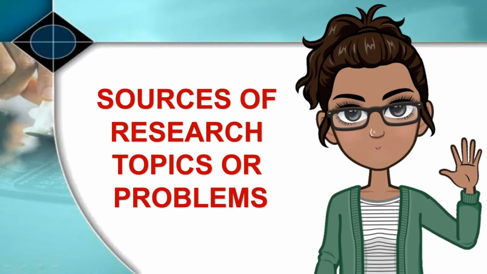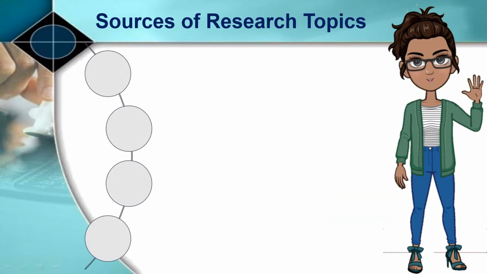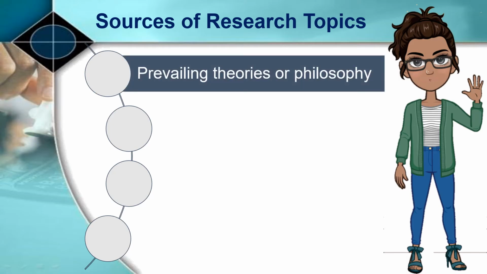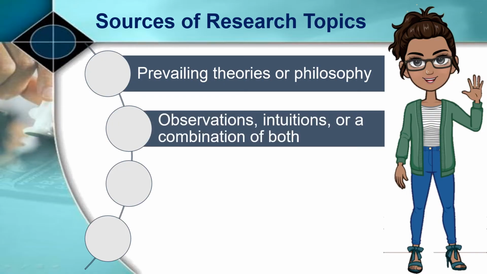Let's talk about the sources of research topics or problems. The following are the things that may be considered before starting the research activity. 1. Prevailing theories or philosophy. 2. Observations, intuitions, or a combination of both. 3.